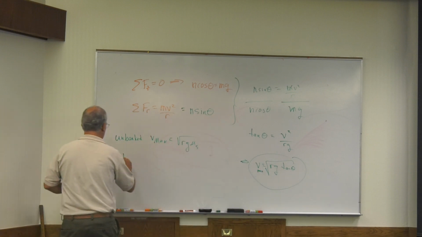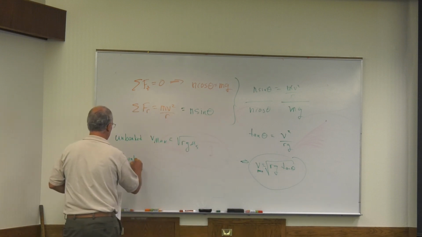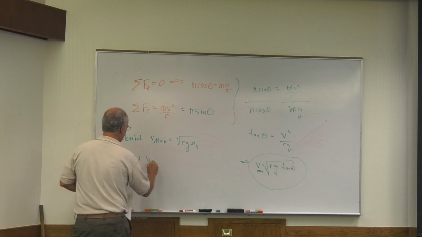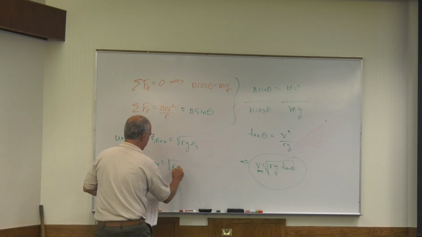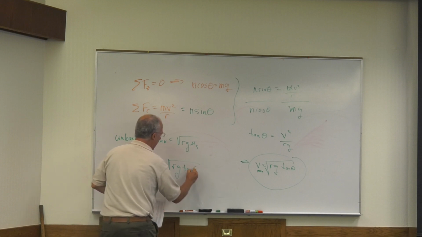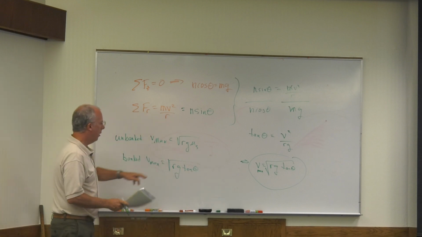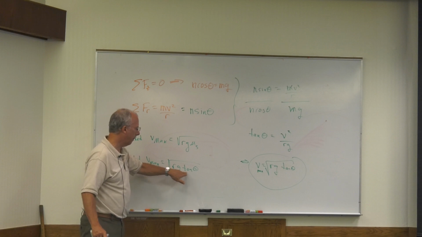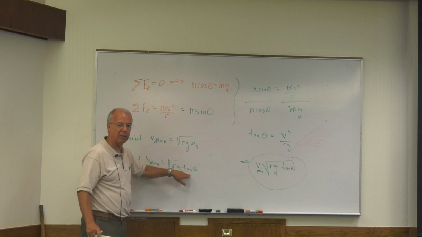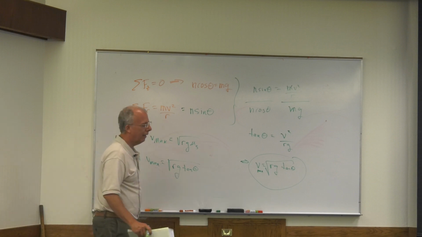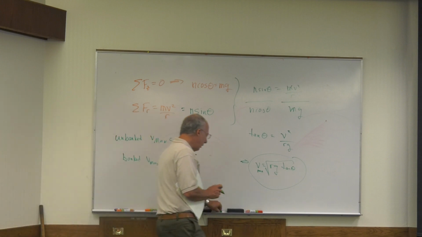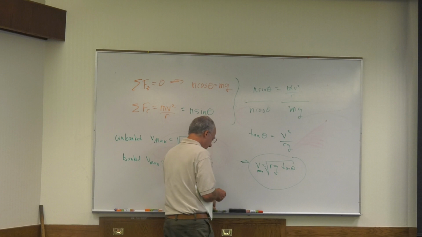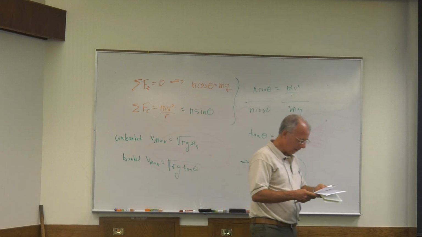For a banked curve, we had v max equal to the square root of r g tan theta. So it's kind of like the mu s is taken by the tan theta. Anyway, now you know what's so great about spending all that money to make a banked curve. All right, let's quit.